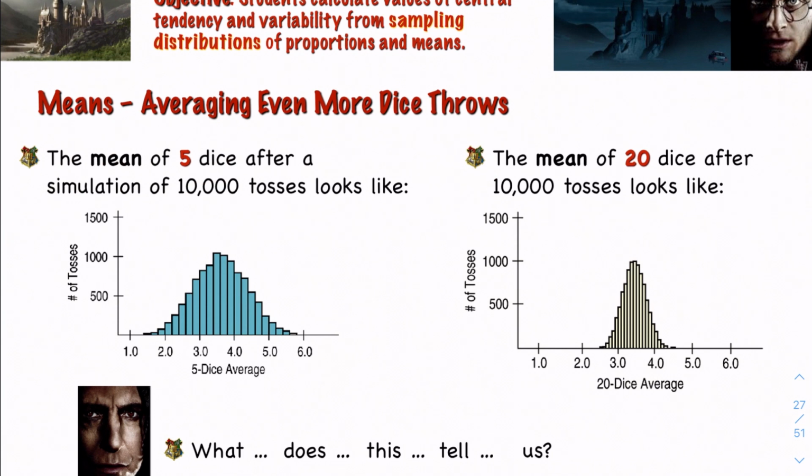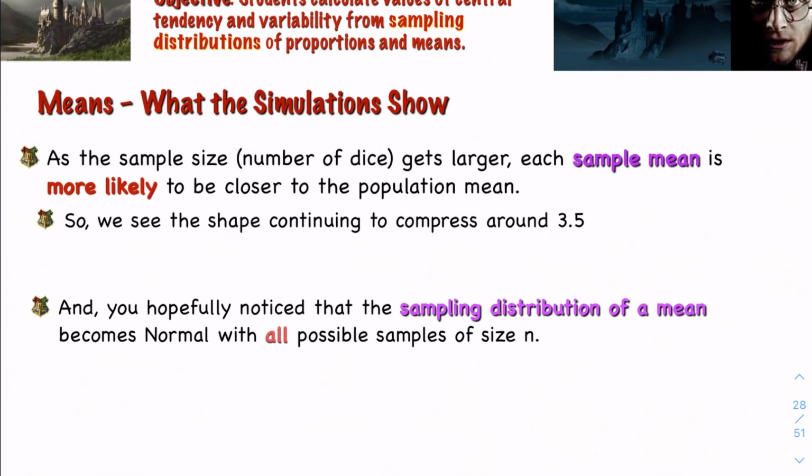And so if you think about this, and this is the magic of statistics, what does this tell you? Well, as the sample size, the number of dice, gets larger, each sample mean is more likely to be closer to the true population mean.